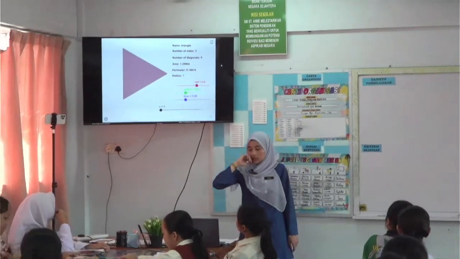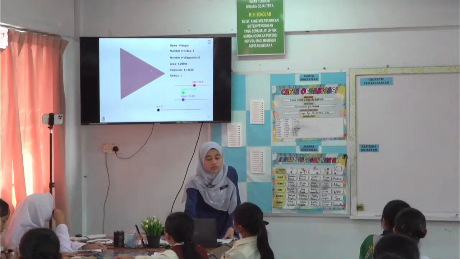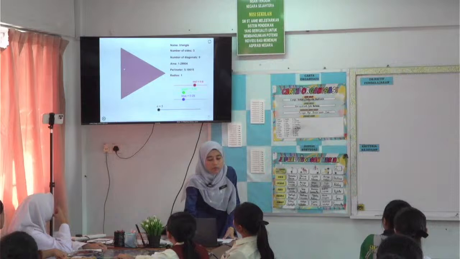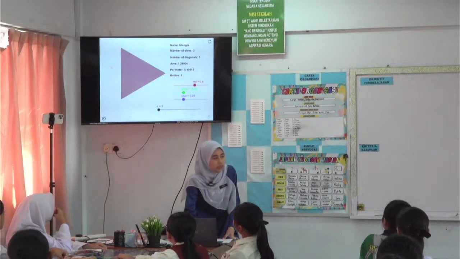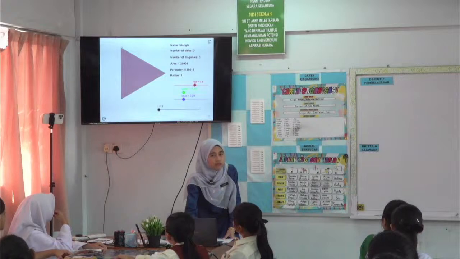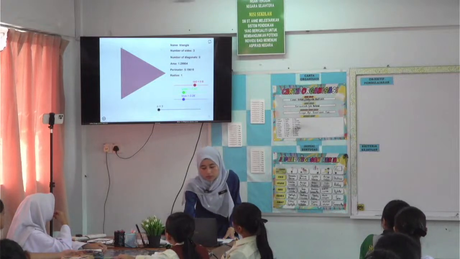Triangle. Okay, so the triangle, how many sides does it have? Three sides. How about the vertices? How many vertices does the triangle have? Three also. Okay, the sides and the vertices are equal. If the sides are three, the vertices will also be three. Good job.